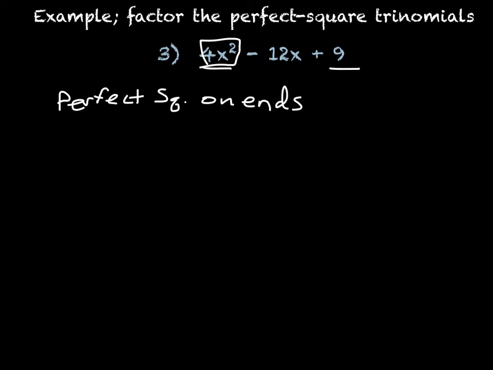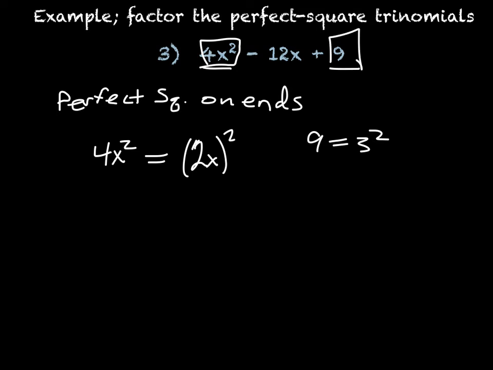The square root of 4 is 2x, squared, because then if I put that square in, it would be 4x squared. And then 9 is equal to 3 squared. So those are my ends that I'm going to change.